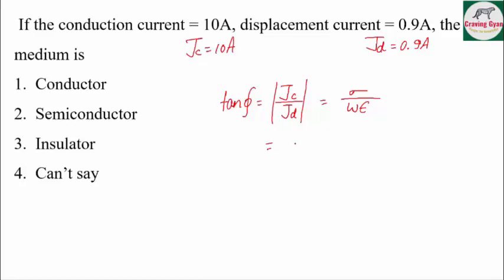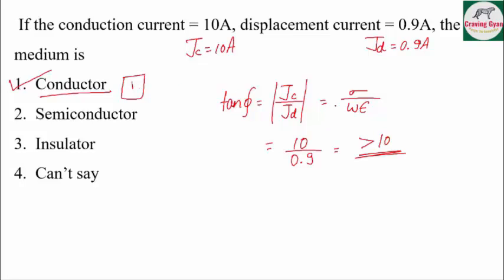So what you will be getting is JC by JD equals 10 divided by 0.9, which will be greater than 1 only. So if it is greater than 10, then you can classify it as a conductor. Right? So what I got is the medium is a conductor.